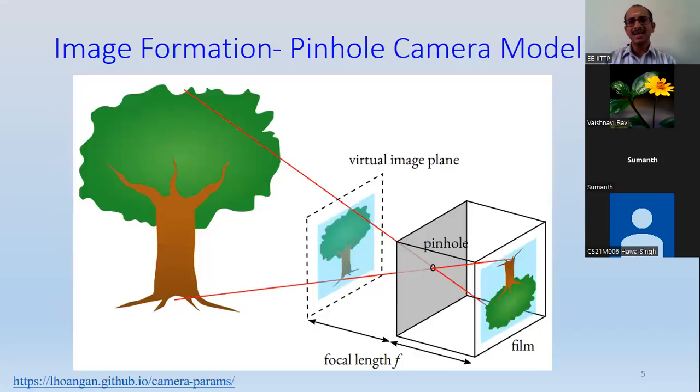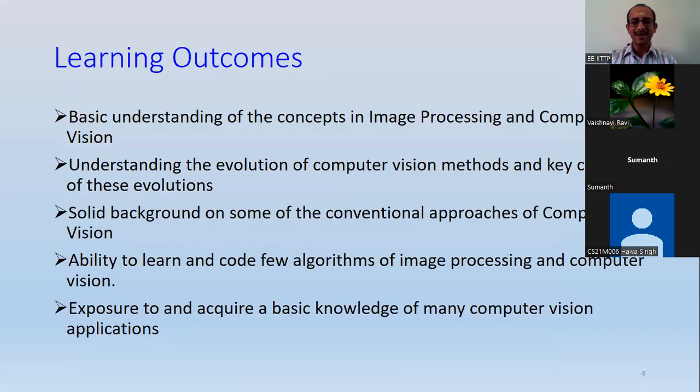So let's understand how a camera forms an image. So we know that for visual perception, we see an image, and there is a retina that takes the image, and then there is a visual cortex behind, and the image gets formed in the visual cortex, and from that we infer the scene information.